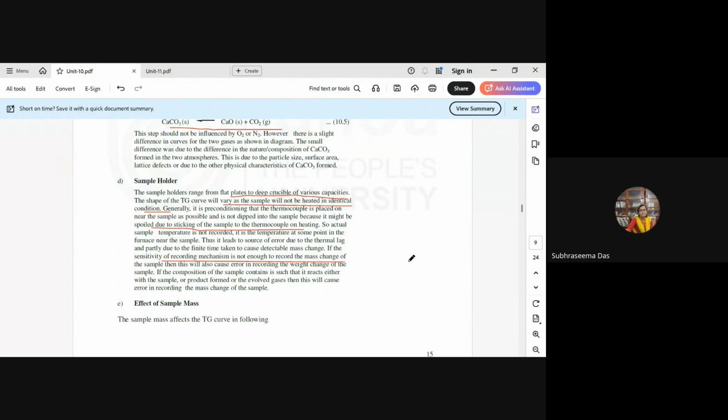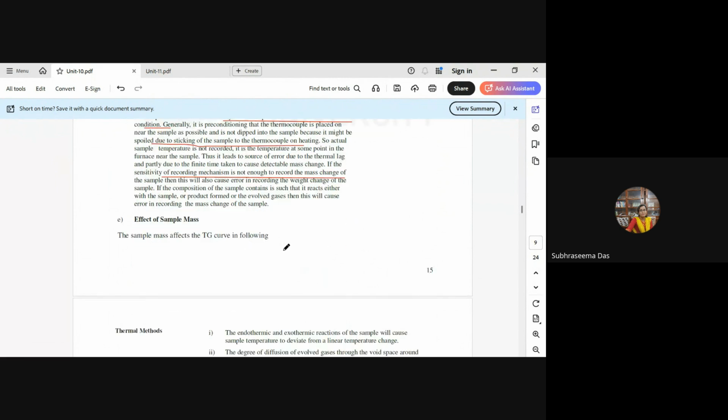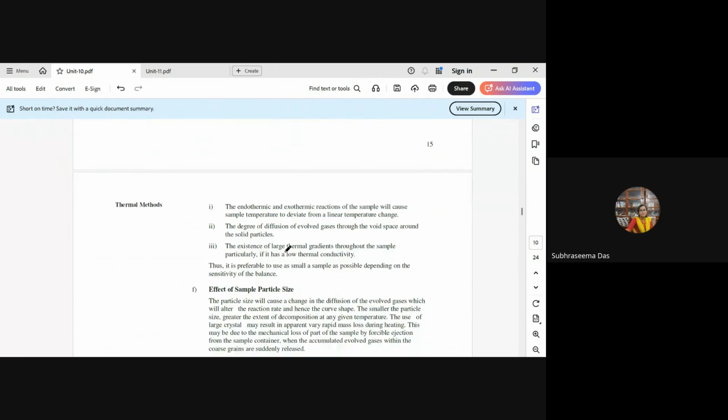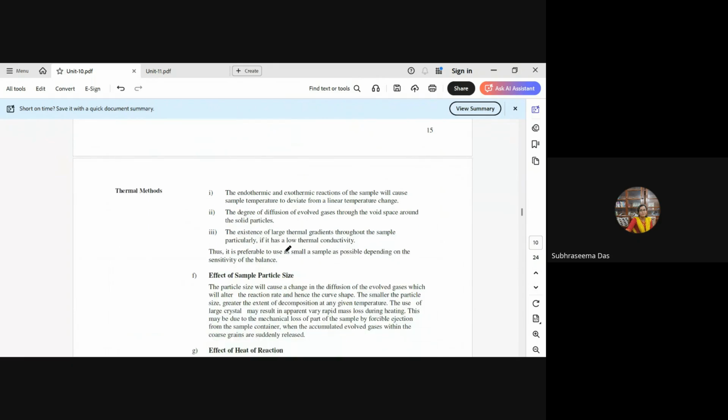Then coming to the effect of sample mass. The sample mass affects the TG curves in the following way. We know that while performing TG experiments, we need to take a minimum of 5 to 8 mg of the sample. So even with this much low mass, the sample mass will also affect the TG curves. So how does it affect the TG curves?